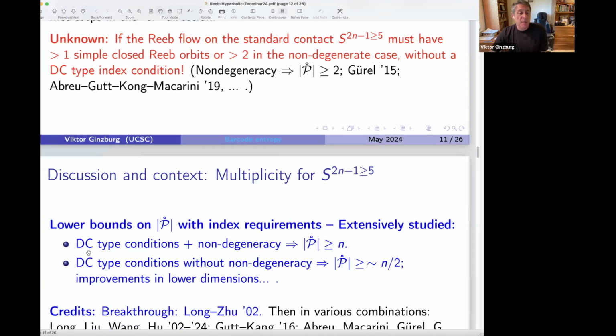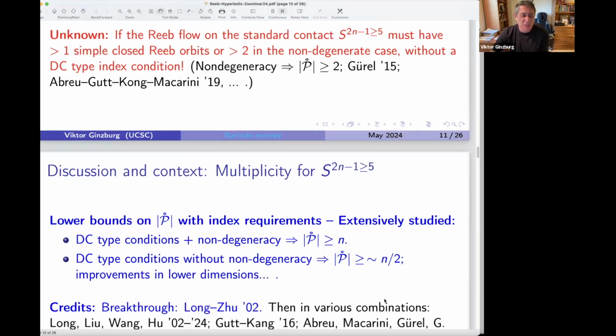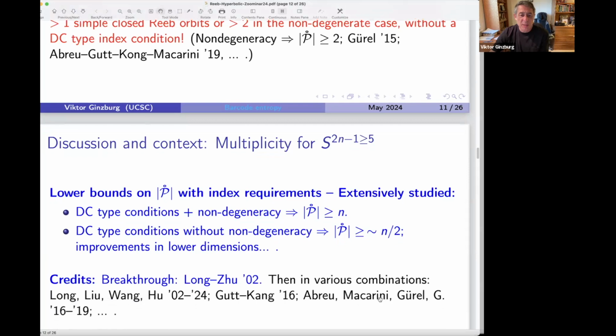And again, the type of dynamical convexity we use here has been weakened through a series of papers, and now I think these are pretty big index assumptions, but they're still there. One has to assume something.